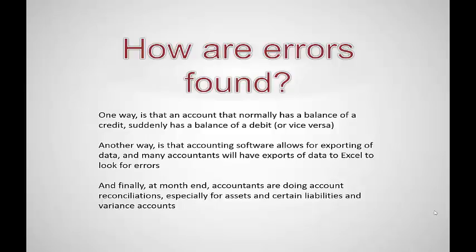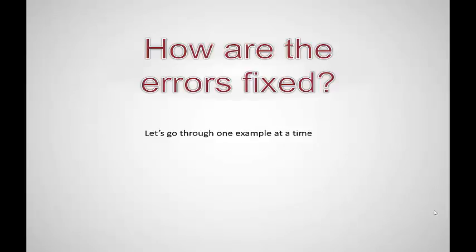And finally, at month end, one of the things that accountants are doing is account reconciliations, and they have to do this for assets and certain liabilities and variance accounts because they have to verify that what is being represented in those accounts is truly accurate, and they have a whole lot of different ways of being able to do that.